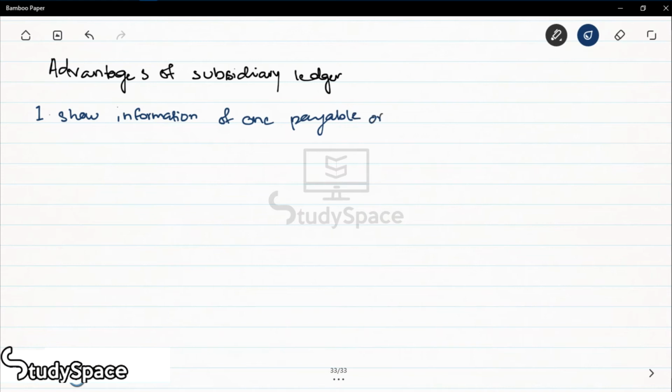The second advantage would be that they free the general ledger of excess details. So if we showed every single entry specifically in the general ledger, we would have a lot of clutter there and we would not be able to decipher it appropriately and properly.